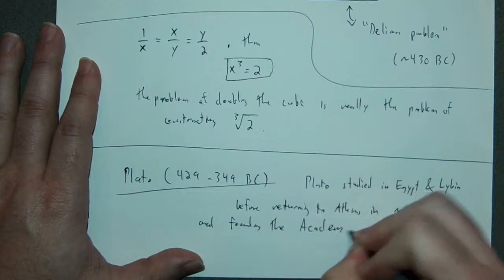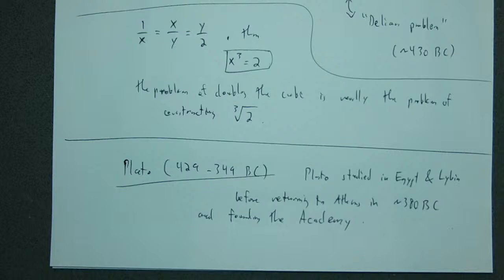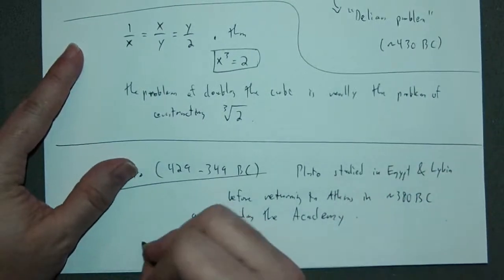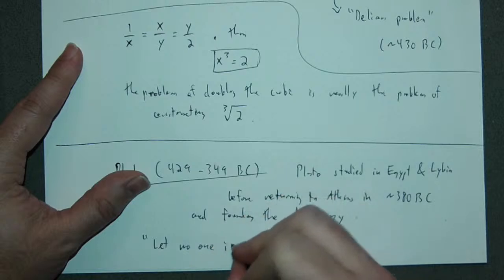All right, the famous legendary academy of Plato. And above the door of the academy was the inscription, "Let no one ignorant of geometry enter here."